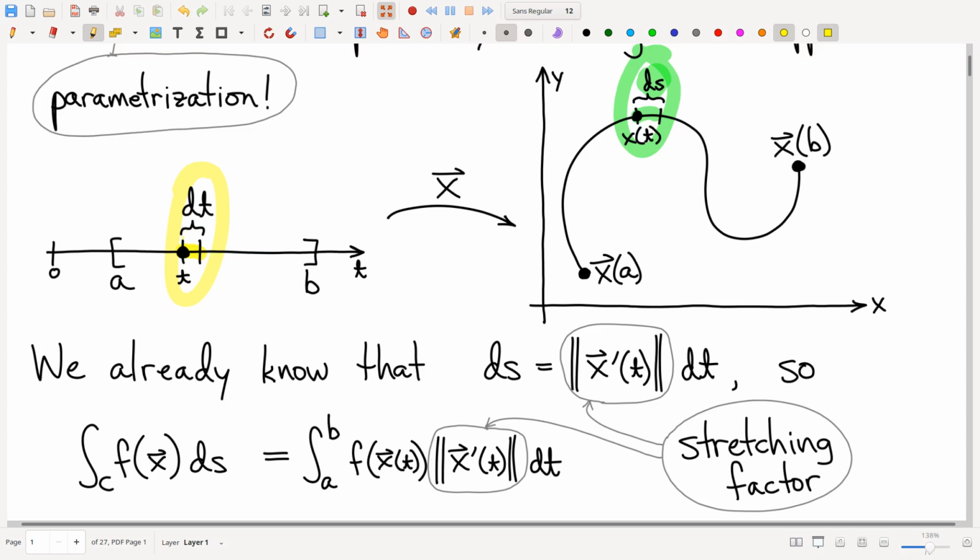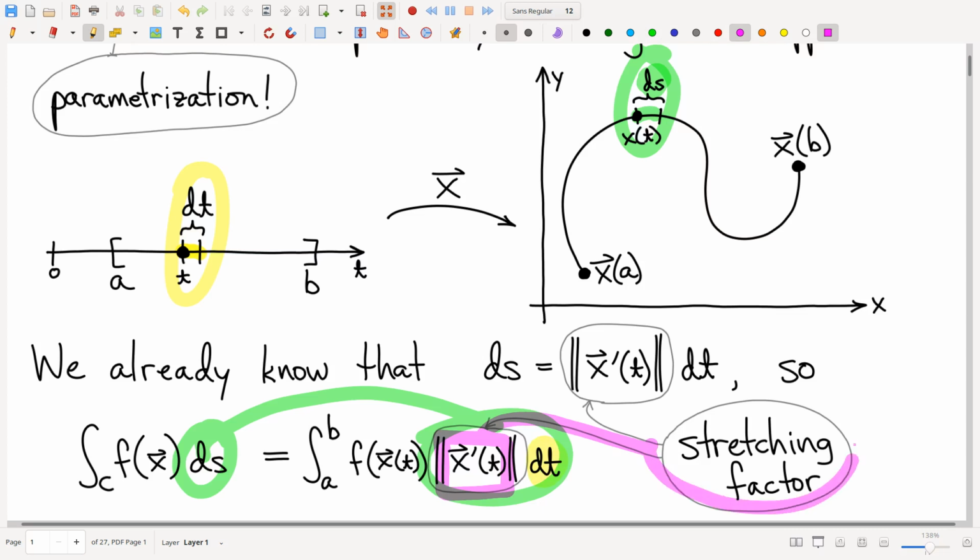Speed. So this ds that we're looking at, the way I'm going to write that in terms of time, dt, is to realize that the stretching factor, how much bigger is the output than the input, however you want to say it, is just speed. Magnitude of your velocity vector. Is that cool? Any questions? Is everybody happy?